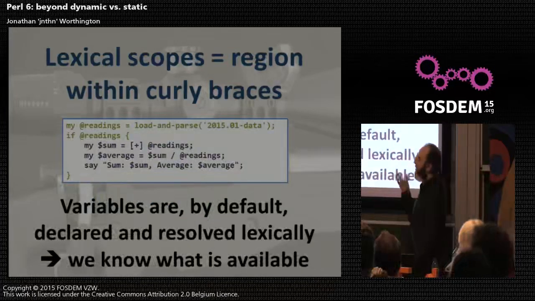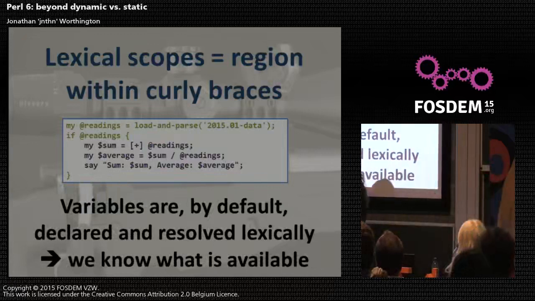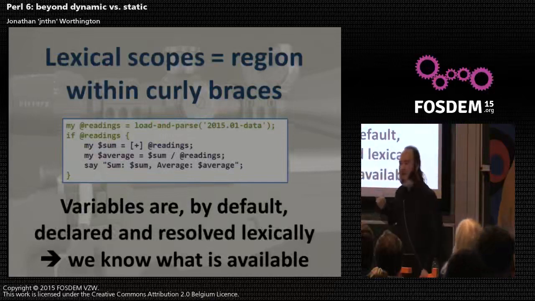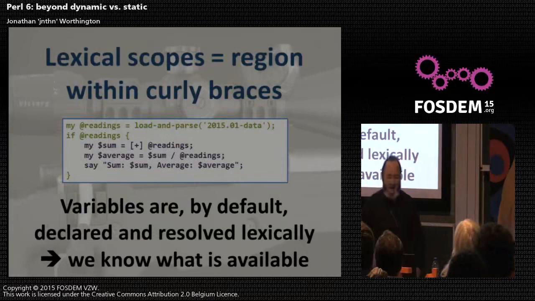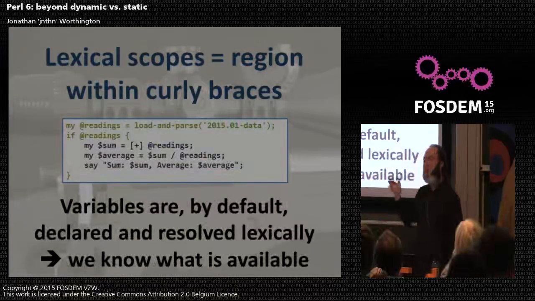And anything that you declare inside of them with my lasts until the closing curly, okay? So in here, you can see I've got that little green scope on the outside. I've got this purpley one, okay? And at the end of this purple one, we got rid of average. We can't talk about them anymore, okay?